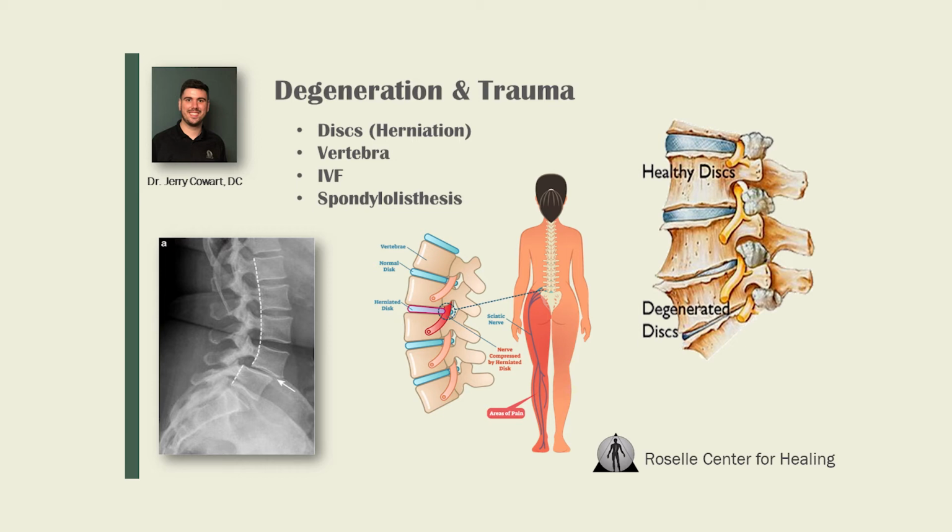Now, if for some reason we have ligament instability or ligament damage, or the trauma is so great that it damages that ligament, you then in turn can have a disc herniation that is central. So if you've heard of a central or a centrally located herniated disc, that's what can happen.